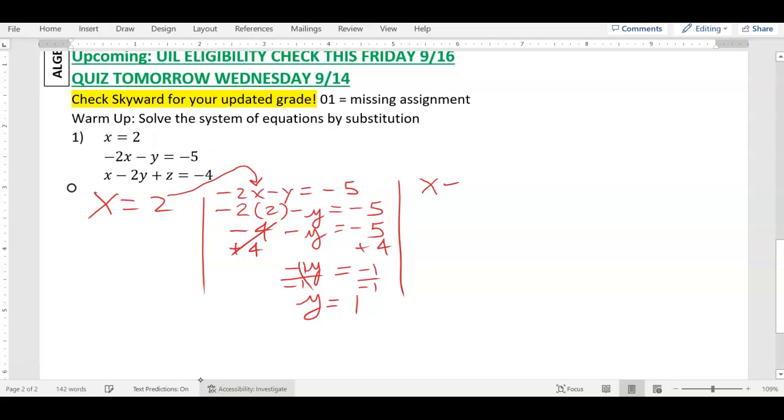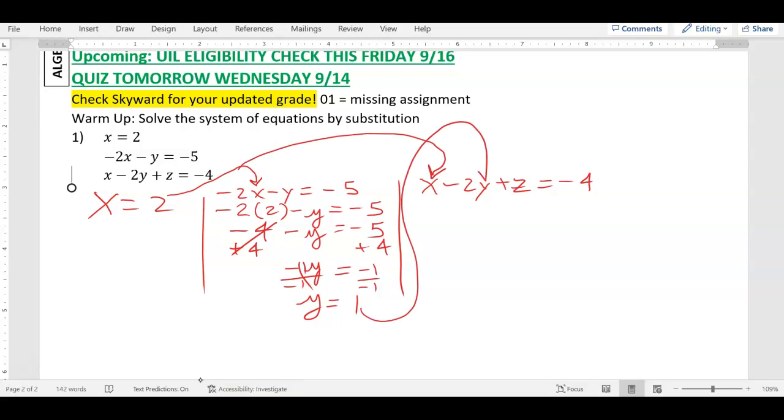So the third equation is x minus 2y plus z equals negative 4. Now, the x equals 2 can go right there, and the y equals 1 can go right there. I'm just substituting, right?